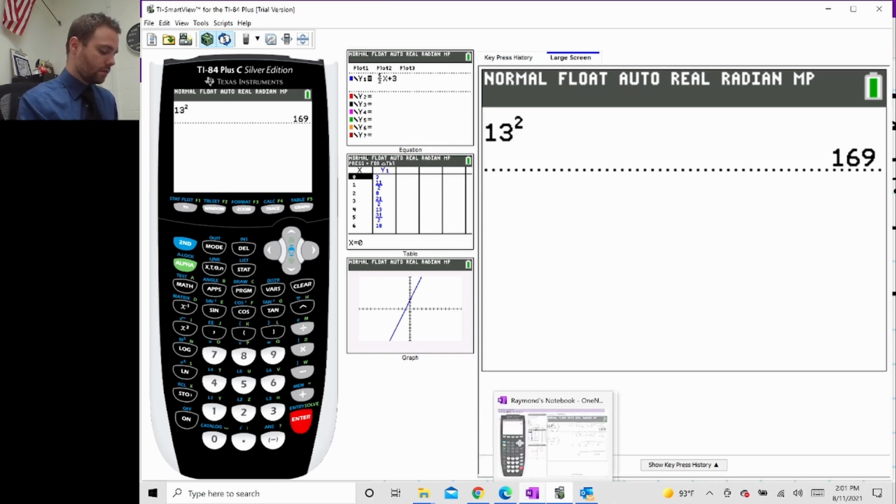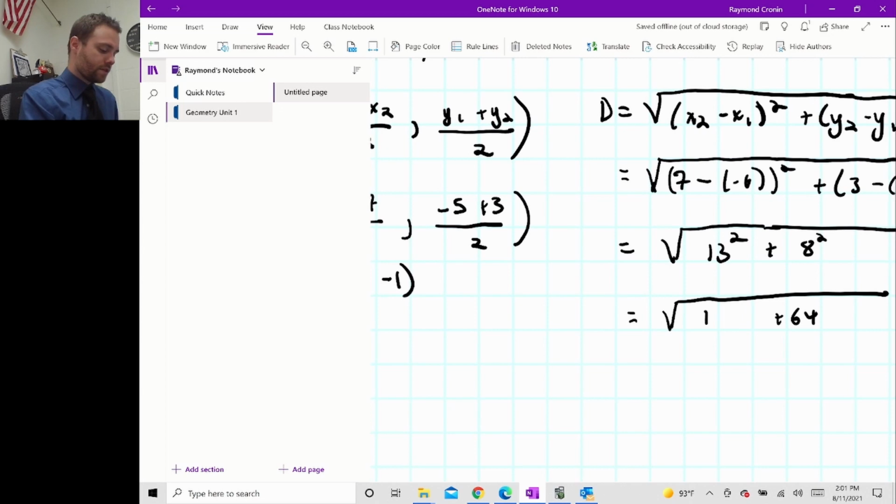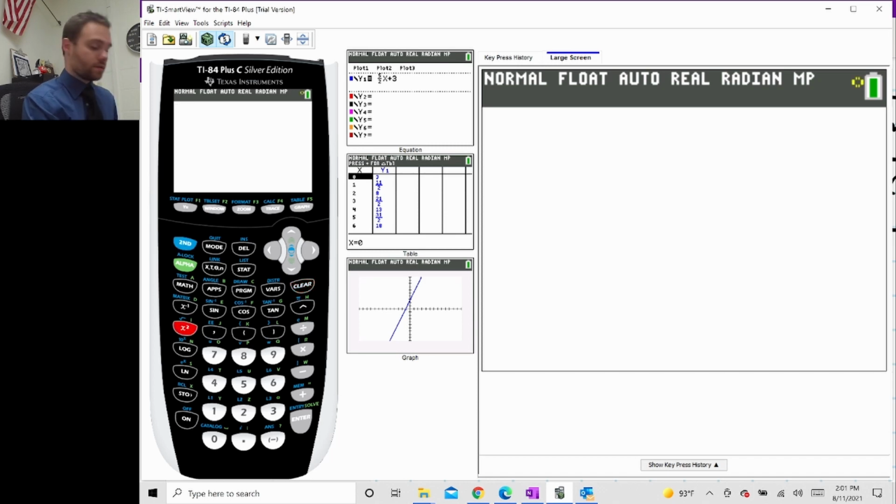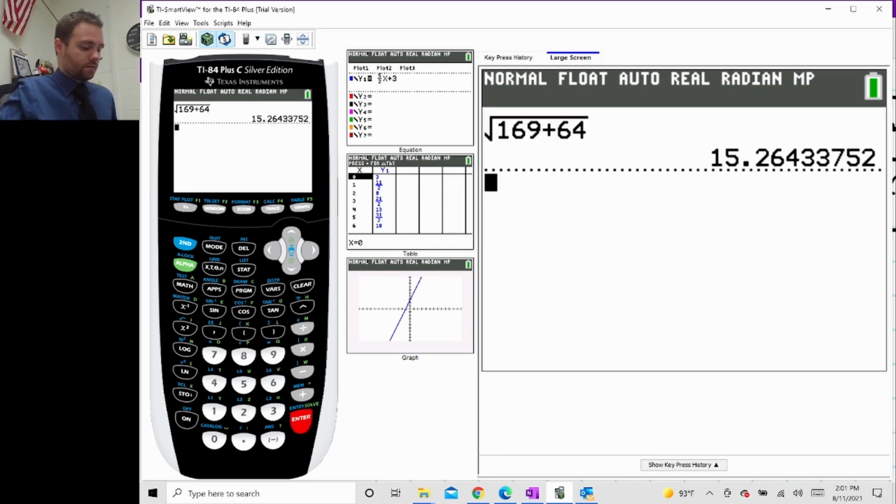Okay? So 169 plus 64. I want to take the square root of those two, so second square root, 169 plus 64, and it's going to give me 15.26.